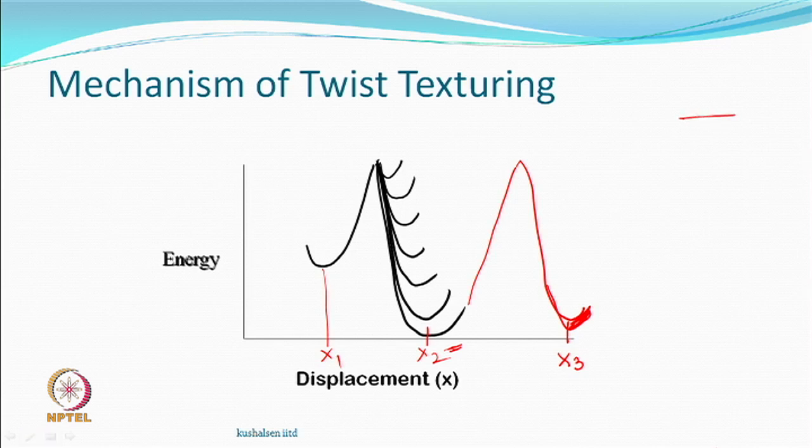So, when a twisted yarn is untwisted, after that you just remove the untwisting force, and then each filament would like to go to its position which it remembers, but does not follow anyone.